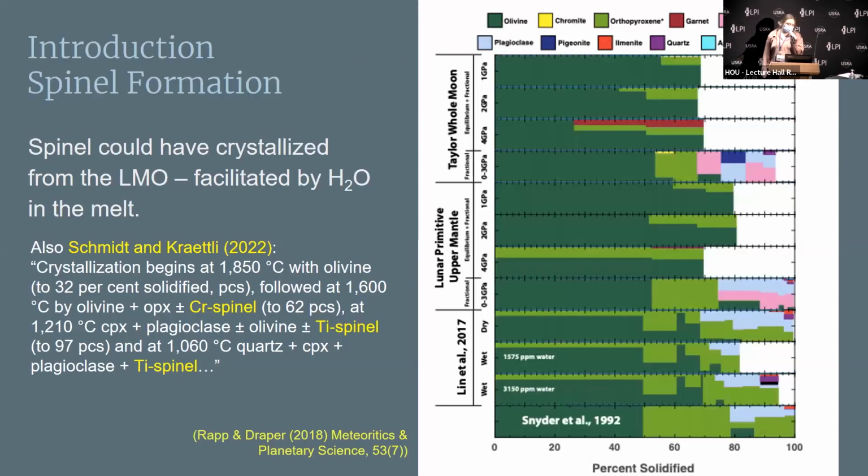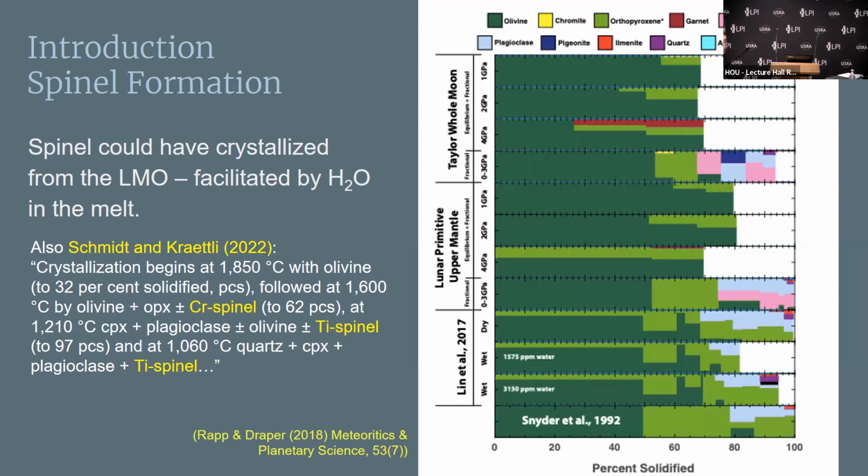In order to discuss Mg spinel occurrence, I'd like to talk about spinel formation on the moon. We can see from experimental data that spinel can crystallize from the lunar magma ocean. We can see it here in the second to bottom rectangle in this little black box.